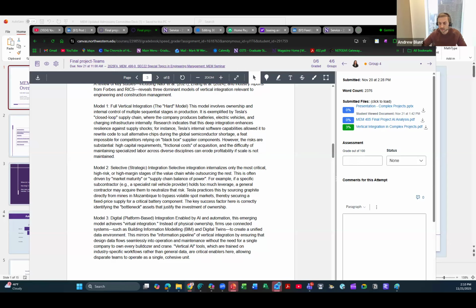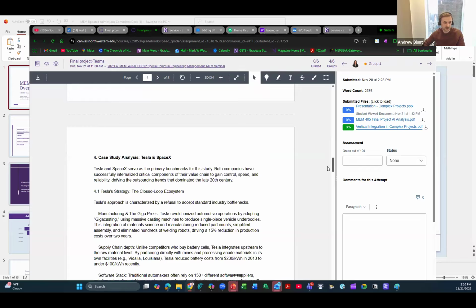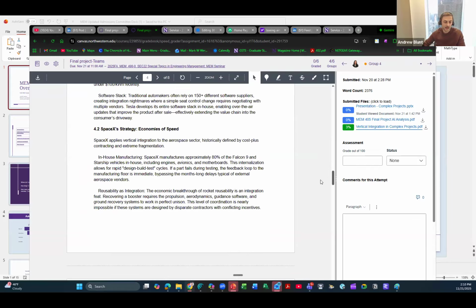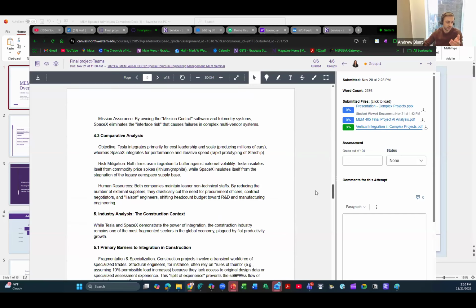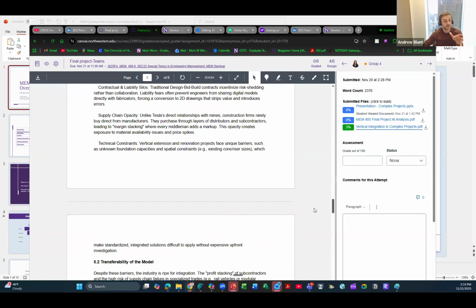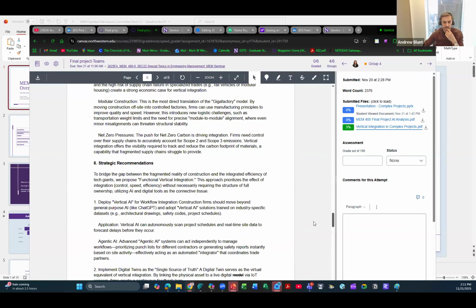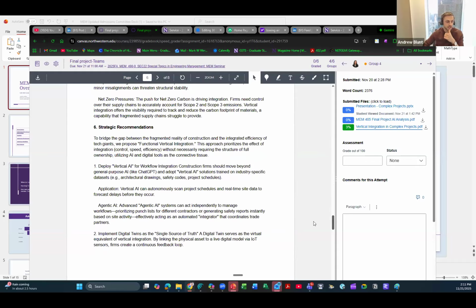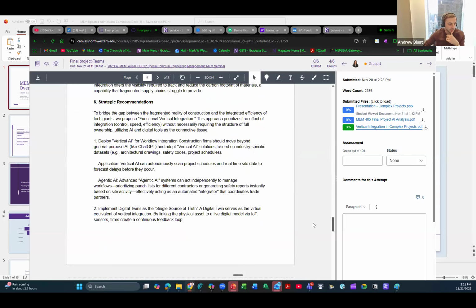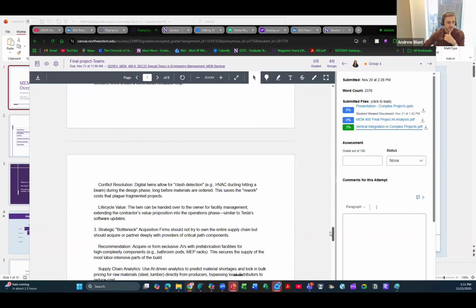Another key finding was using industry-specific AI. This would be a company using AI from the ground up so that all their information is in the same place. Everything's easily searchable. And the AI has been trained on industry-specific documents so that it can help suggest improvements. And then the last one here is the implementation of digital twins.